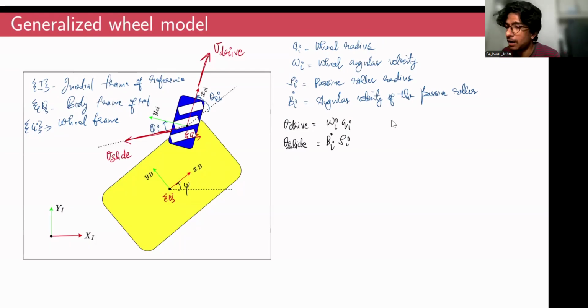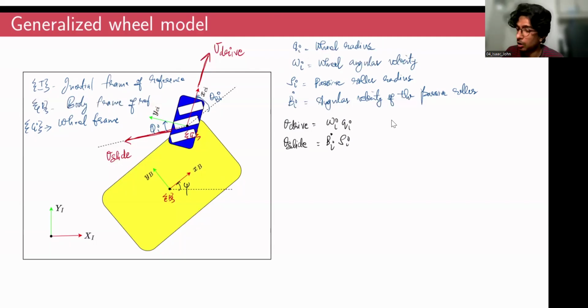Now that we have this V drive and V slide, you can resolve them along this local frame of reference, XCI and YCI. So how do you do that?